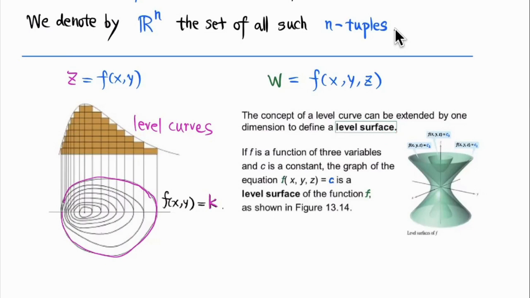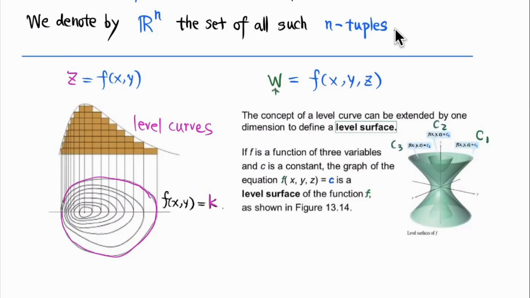We can let this w here be different constants. For example, it could be C1 or C2 or C3.